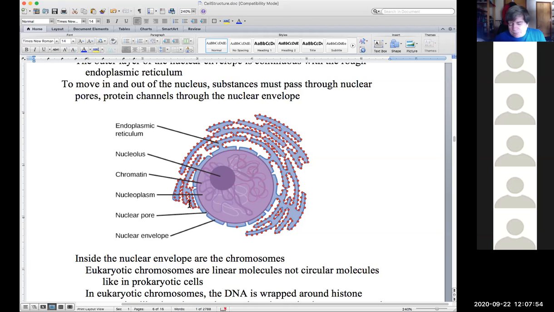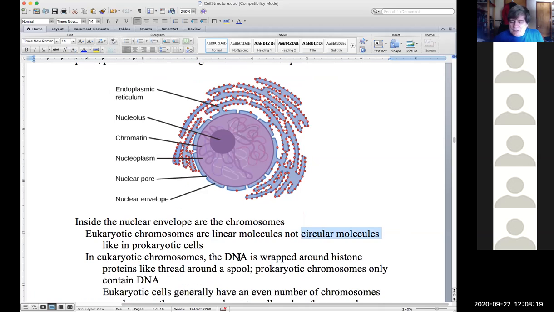Now, there are some differences. If we look at eukaryotic chromosomes, they're linear molecules. What does that mean? Well, that means the carbons are basically a straight chain. Remember that when we looked at prokaryotic cells, they had circular chromosomes.